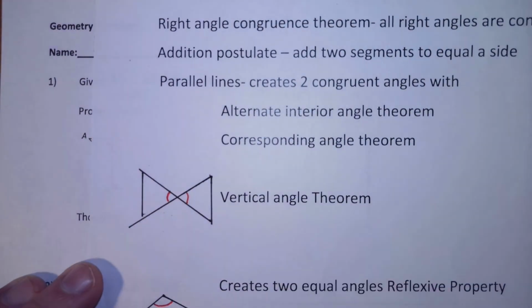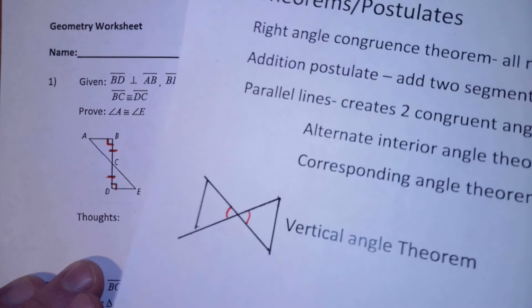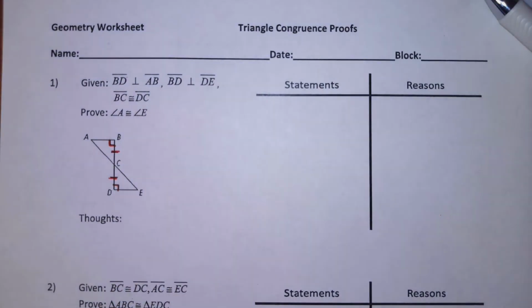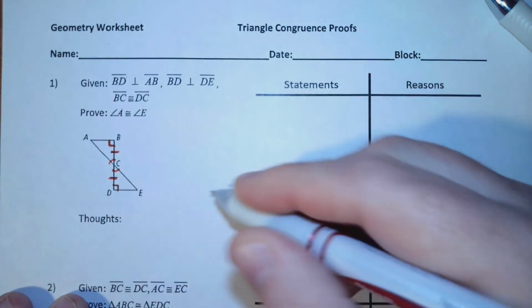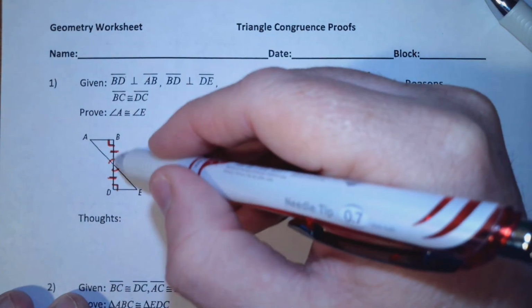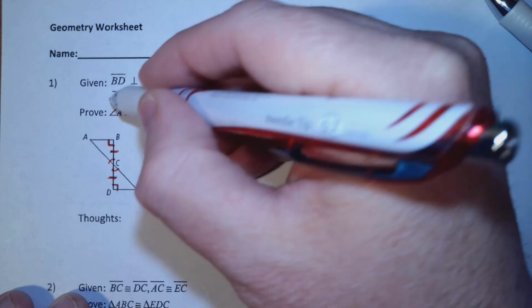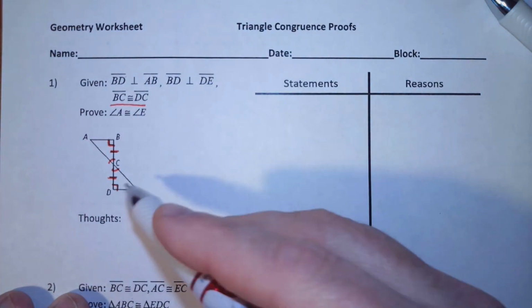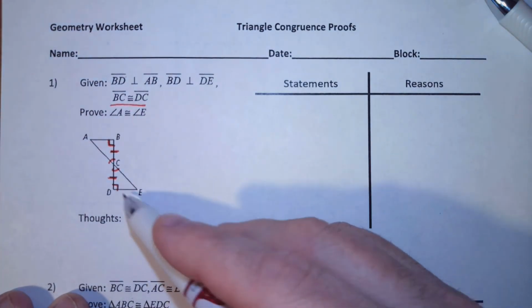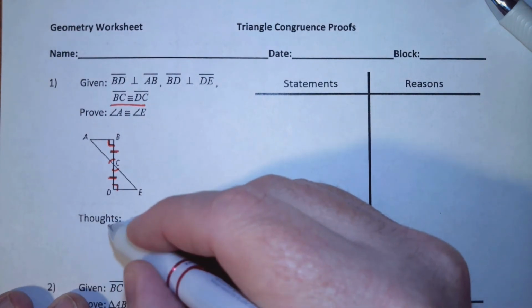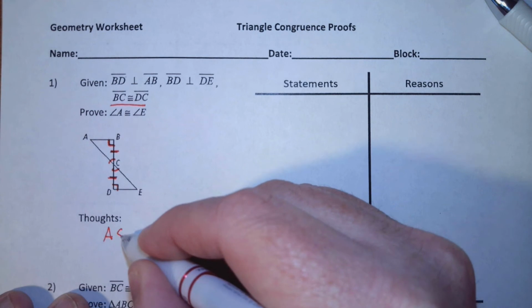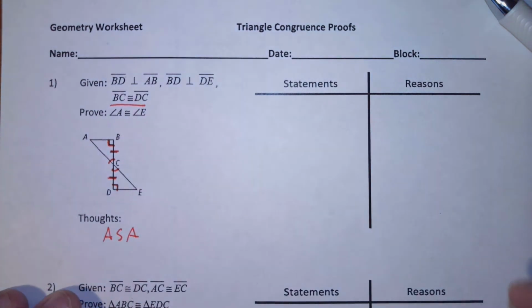Looks like that X, right? So we're going to use that vertical angle theorem to prove 2 things. So I'm going to mark that. So that's what we're going to do with our proof. I'm going to have to do all 3 of these things. One of them is given. This one is given. That's easy. So my thought is I'm going to end up with probably an angle side angle. That is my thought.